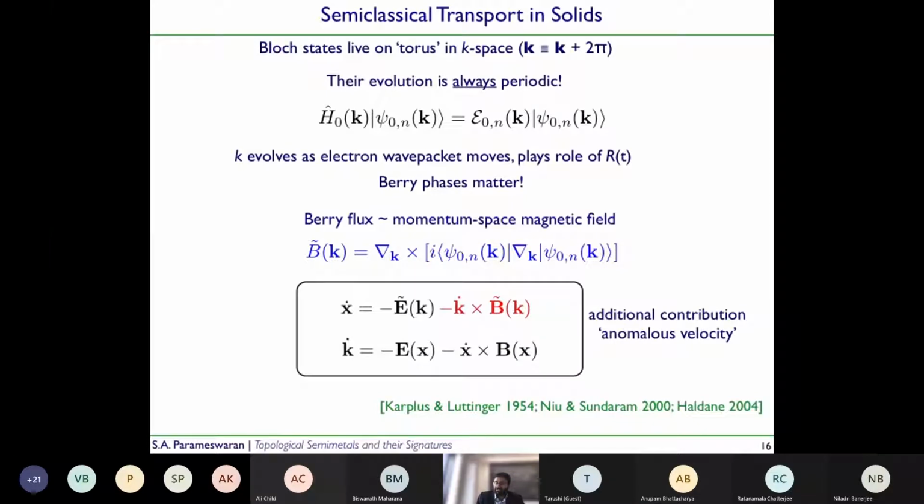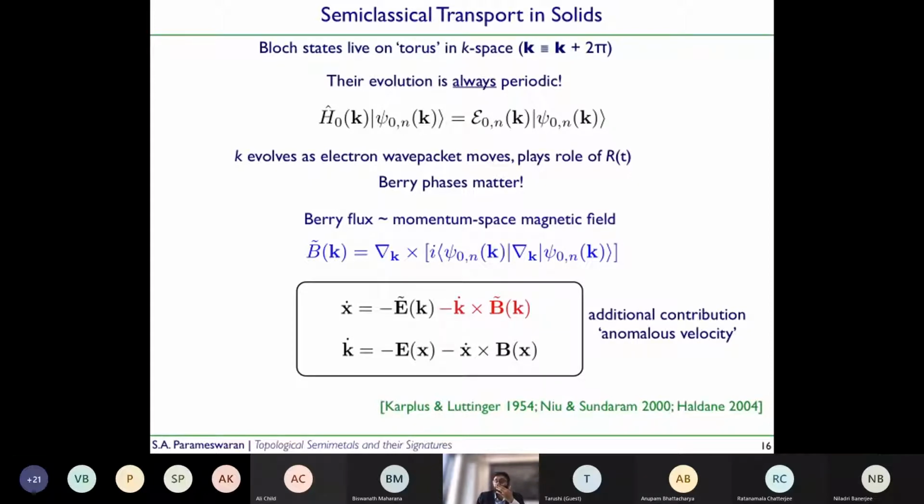If you put that into the semi-classical dynamics, you find exactly a kind of Lorentz force on the particle coordinate. This additional contribution shifts the velocity: the velocity depends on the rate of change of the center of momentum of the wave packet via this Berry phase. This additional contribution is known as an anomalous velocity.